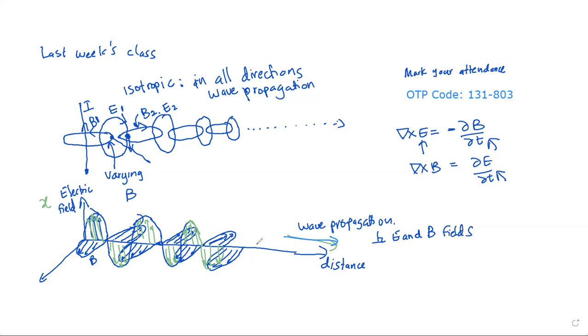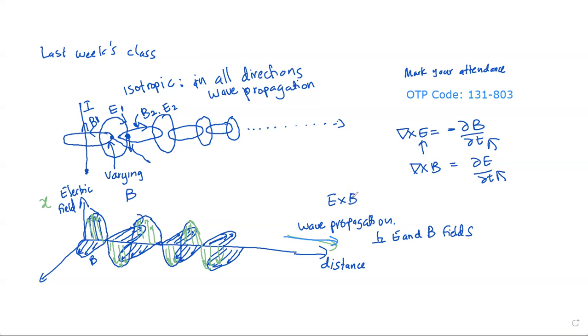So this is something visual that we discussed. The cross product should be along the direction perpendicular to both the E and B fields. So if we take the cross product between the electric field and magnetic field, we can get the direction of the wave propagating.